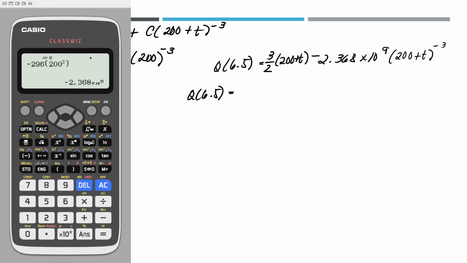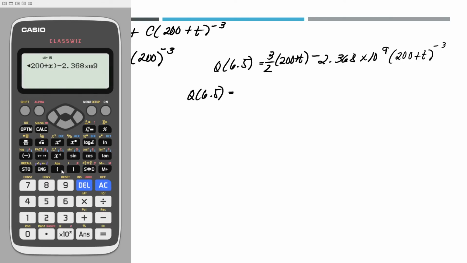6.5 is equivalent to, so let's use the calculator again, no? So, we will have, ayan. Medyo mabagal lang yung class Swiss, no? So, we have 3 over 2, okay, times 200 plus x, kasi yun yung gagamitin natin, t. Ayan. Then, minus 2.368 times 10 raised to 9.